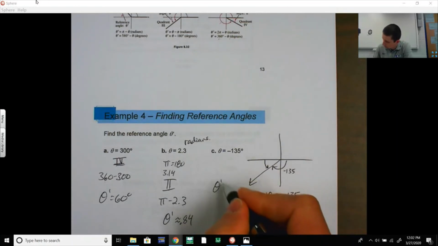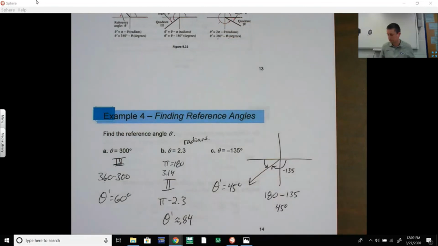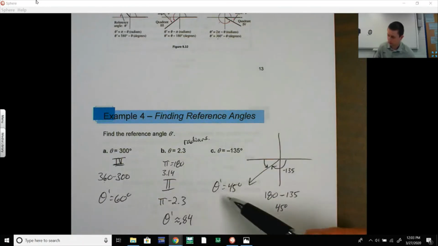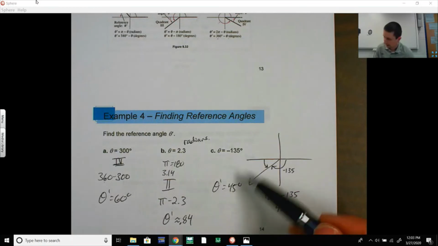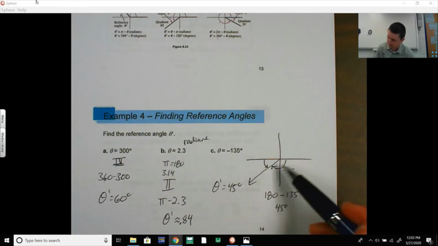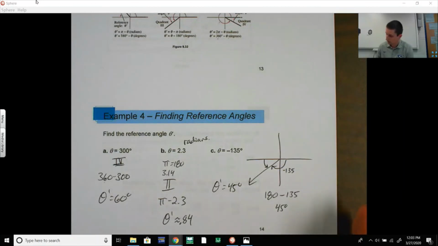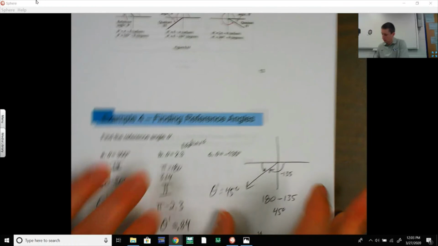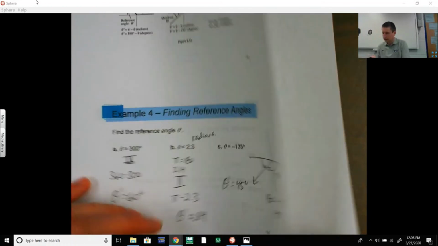So here, theta prime would be 45 degrees. What they're saying with these reference angles is that the tangent of negative 135 would equal the tangent of 45 degrees. The sine of negative 135 would equal the opposite of the sine of 45 because sine is negative in the 3rd quadrant. So you can use that to find some other bigger ones, but basically practicing gets you experienced with it.